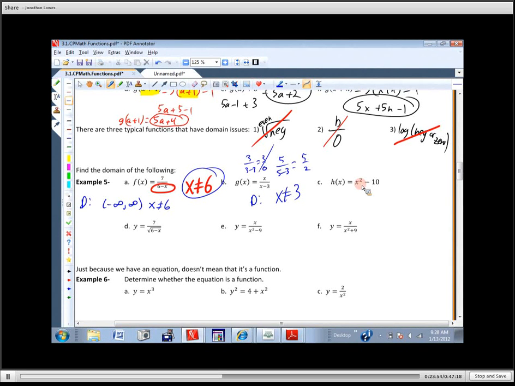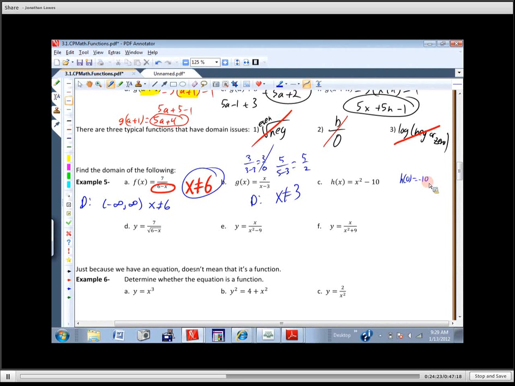Anybody not get an answer for that? Any number you plug in, you can square any number you want. You can even square 0, can't you? 0 squared is 0. Minus 10 would be negative 10. So h of 0 would be negative 10. We don't have an issue with that. Okay? Any positive number is okay to square. Any negative number is okay to square. So no issues whatsoever.